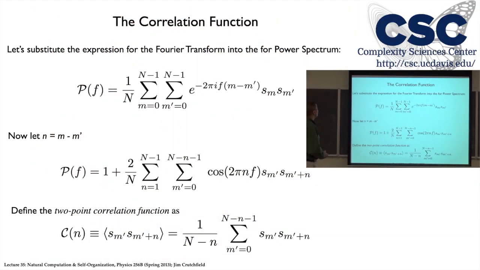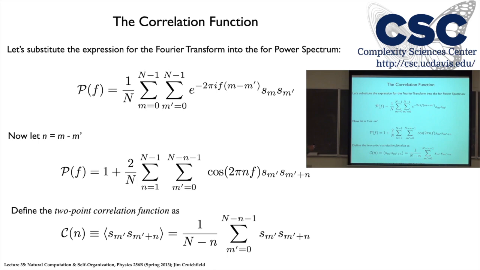So we know what a power spectrum is. A correlation function, well, I can rewrite the power spectrum just by putting it into the previous expression and squaring it. I get something that looks like this. And now I want to rewrite this sum. I can get rid of the imaginary part by a trigonometric trick, and I get something that looks like this. And then finally, I can define one of these sums to be this guy right here.